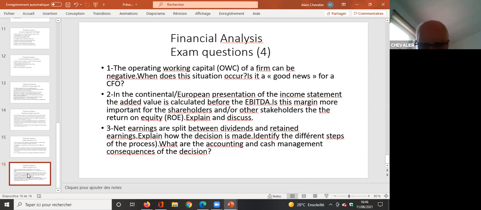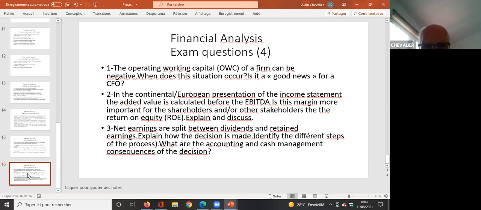The second one here is just what we have done. In the continental European presentation of the income statement, the added value is calculated before the EBITDA, just what we have done. Take production minus consumption, we get the added value, and then you deduct the wages, benefits to the staff, you get the EBITDA.